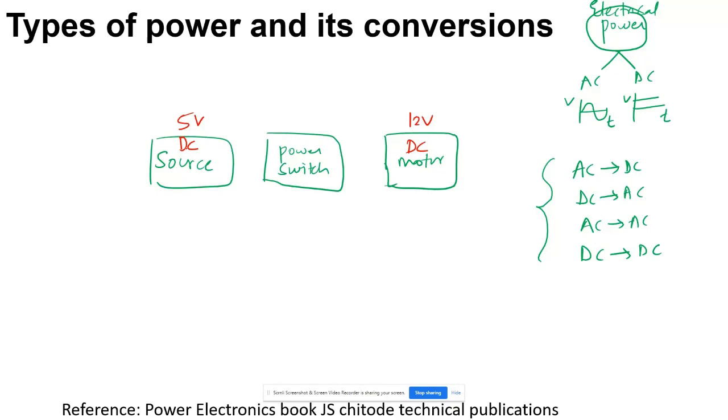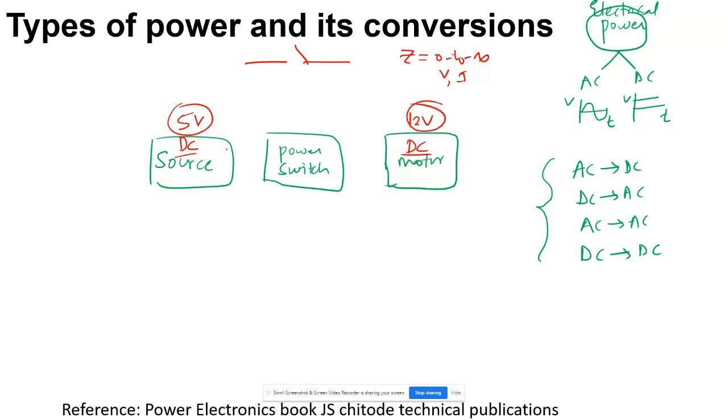The type of source is the same, but the magnitude is not matched. So you need to level up from 5 to 12. How can you change the voltage? Just now I showed you with a switch example what is happening over there. When Z is changing from 0 to infinity, the values of V and I are getting altered. So that means here the V has to change from 5 to 12 volts.